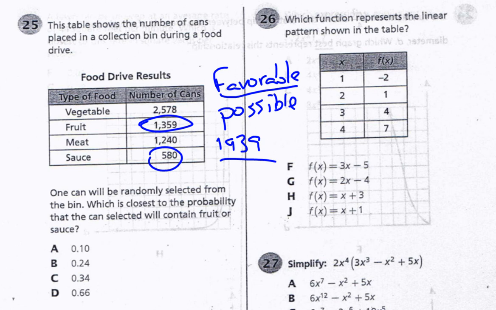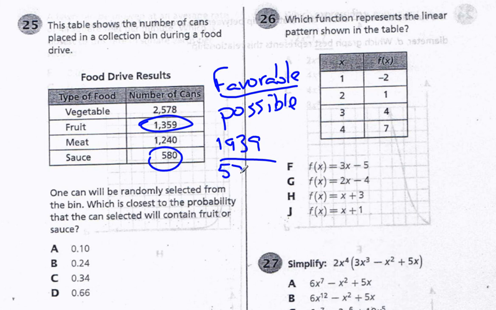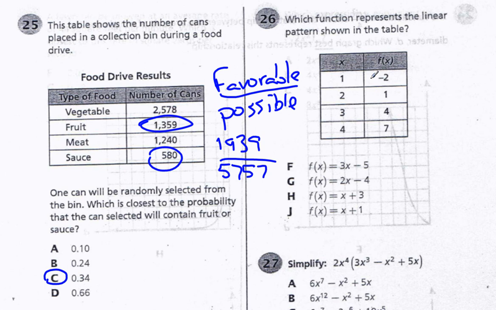Divided by the total. So 1939 plus everything else, 2578 plus 1240, is 5,757. And we just divide these out. So we get 1939 divided by 5757. We get 0.3368, whatever, it's close to 0.34. That's it, we're done.